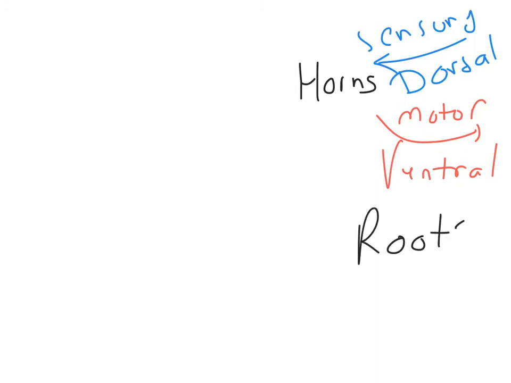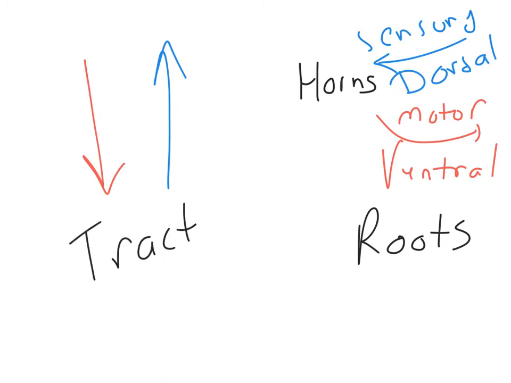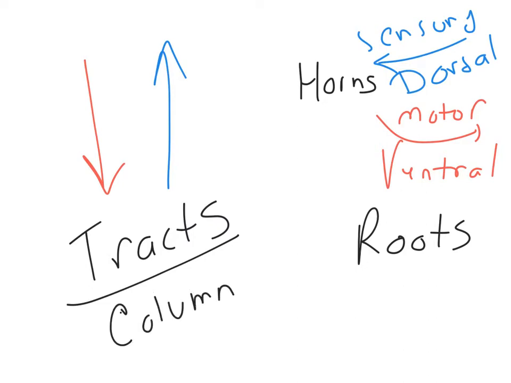Once the information gets into the spinal cord, it is then going to either ascend or it will descend, and this is going to be within tracts. We are going to be having motor efferent tracts or sensory afferent tracts, and these are in areas, white matter, within the spinal cord called columns.